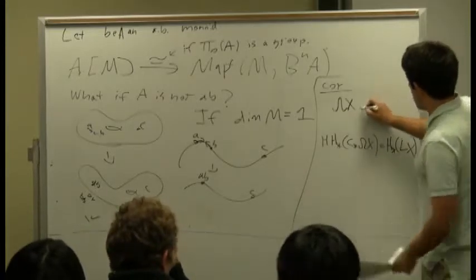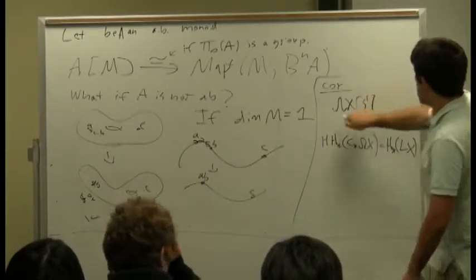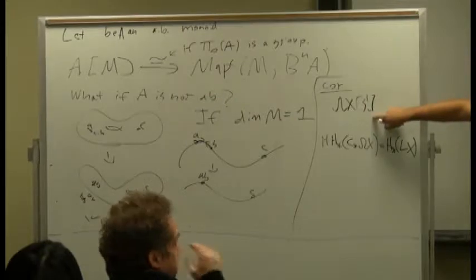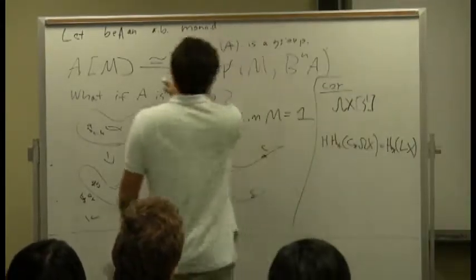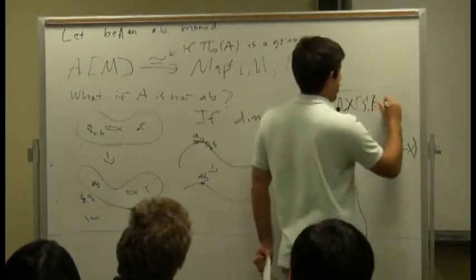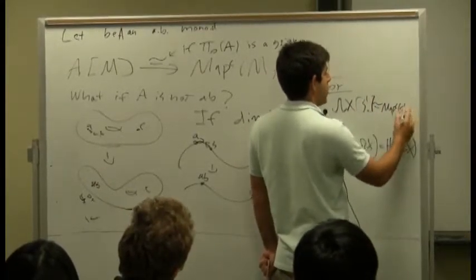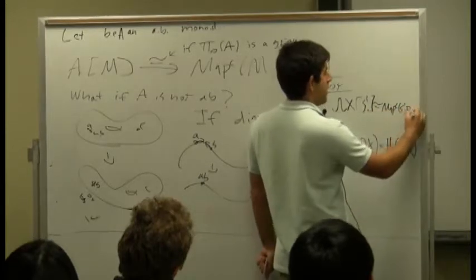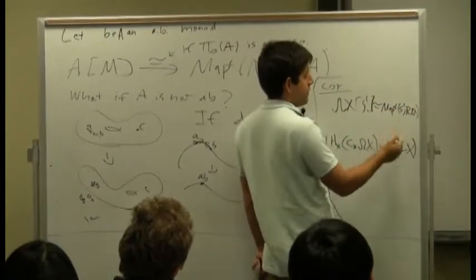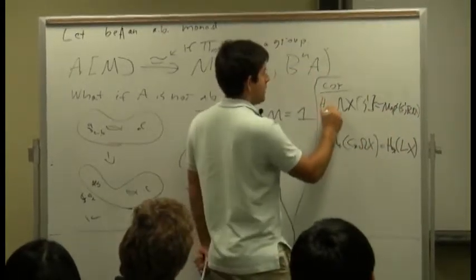So you look at the based loop space of X of S^1. I'm saying this is homotopy equivalent to the space of compactly supported maps from S^1 to the delooping of loops X. Now we take homology of this statement.